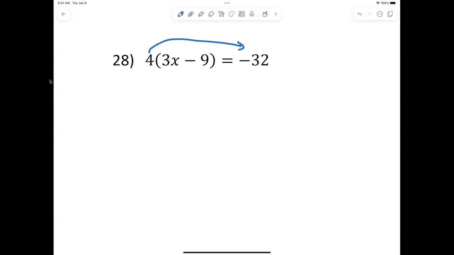That way it's easier. 3x minus 9 equals -8. Now what's next? Add 9. You should be able to say 3x equals 1. X equals 1/3. Everybody's good with that?